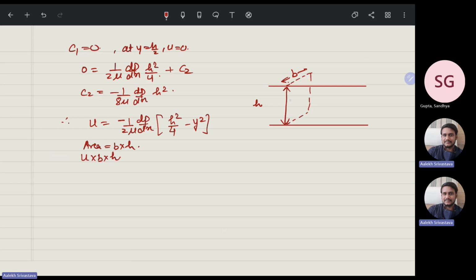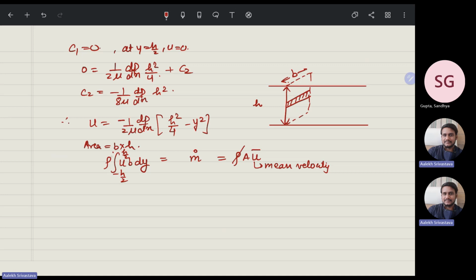But since u is varying in the h direction, you need to integrate this term. So suppose you take this elemental strip, you will say u into b into dy into rho, from minus h by 2 to plus h by 2. So this is the total mass that is flowing, and this is equal to rho A into u bar. So this is the mean velocity.